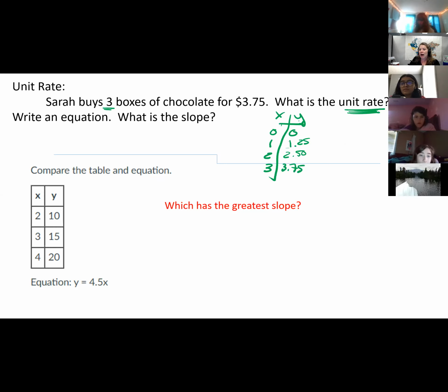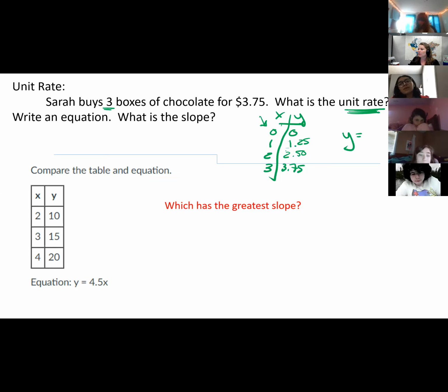So what does Y equal? How did I get the value of Y every time? What did I multiply my X values by? Did I multiply 1 times 1 to get $1.25? Is 1 times 1, 1.25?